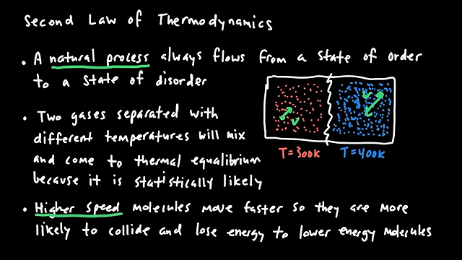Yes, but over time, because there are lots and lots of particles, it's much more likely that they'll come to thermal equilibrium, and they will have reached a state where there's not so much order, right? We've gone from two separated sets of particles to a much more disordered state where everything has the same temperature and they're all mixed up.